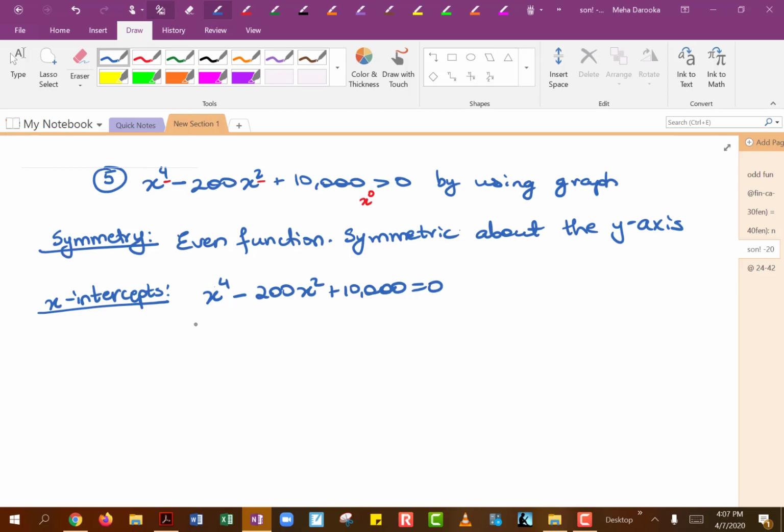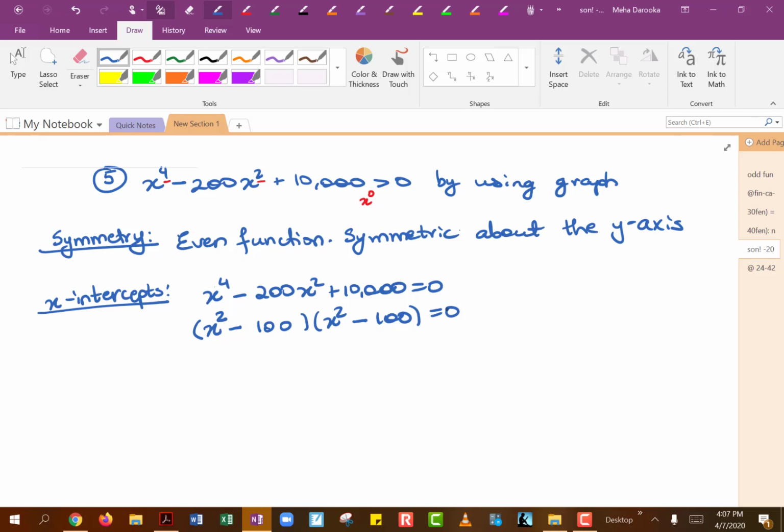In this case, this will factor into x squared minus some number and x squared minus some number. So that x to the 4th, we're splitting up into x squared and x squared. 10,000 can be broken down into 100 times 100. So when I multiply -100 with -100, I get positive 10,000. When I add -100 and -100, I get -200, and that's going to be your middle term.